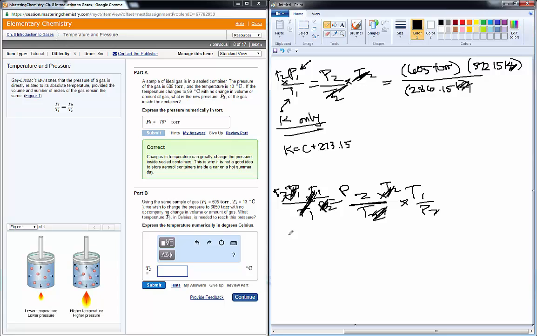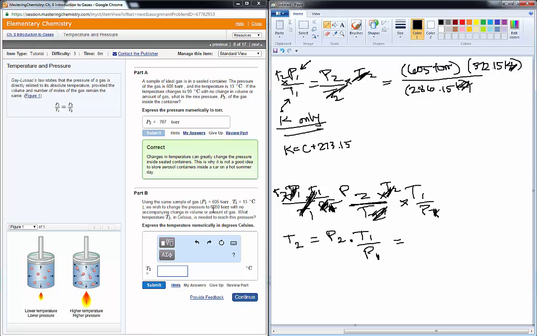So rearranged, this comes out to be T2 equals P2 times T1 over P1. So my final temperature is the final pressure multiplied by the initial temperature divided by the initial pressure, which in this case, we've got the same sample.